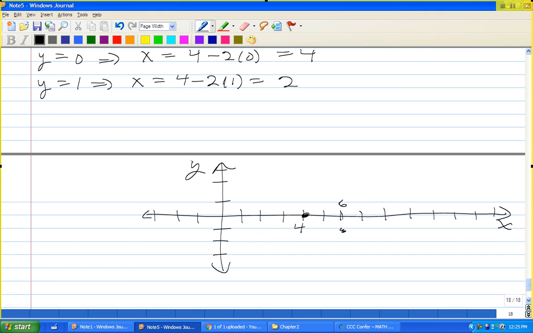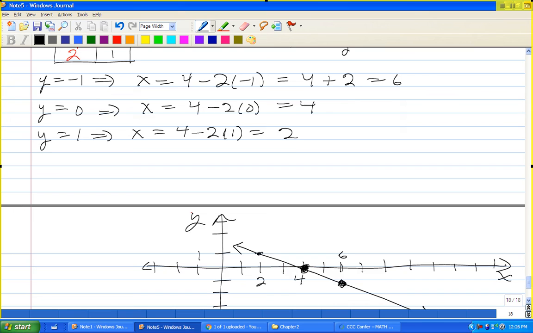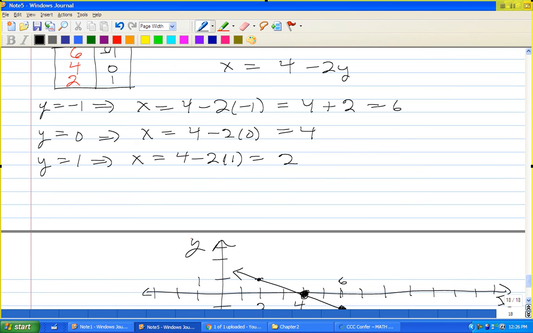When x is 2, y is 1. So let's sketch a graph through those 3 points. So this is the sketch of the graph of x plus 2y equals 4.